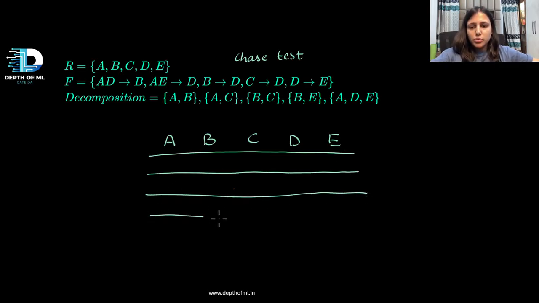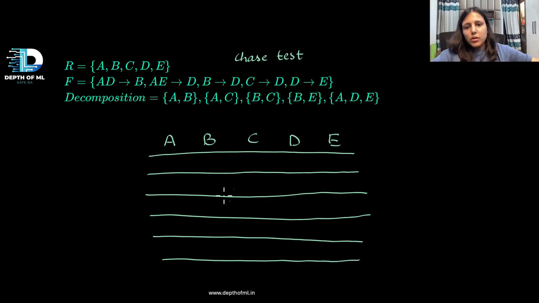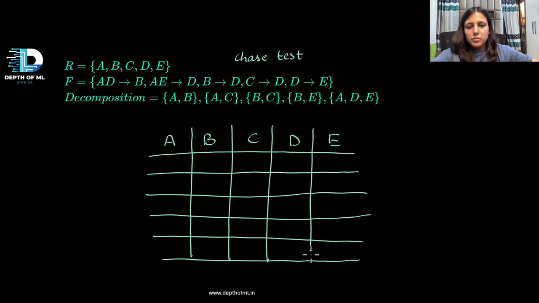This is row 2, this is row 3, this is row 4, this is row 5. Now you have AB, AC, BC, BE and ADE.